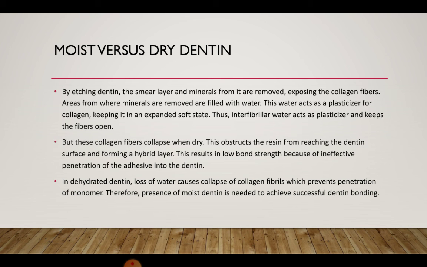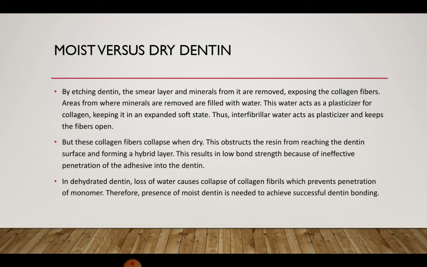The smear layer is removed and the collagen fibers are exposed. The collagen mesh is exposed. Now the areas from where the minerals are removed are filled with water. This water acts as a plasticizer for collagen, keeping it in an expanded soft state.